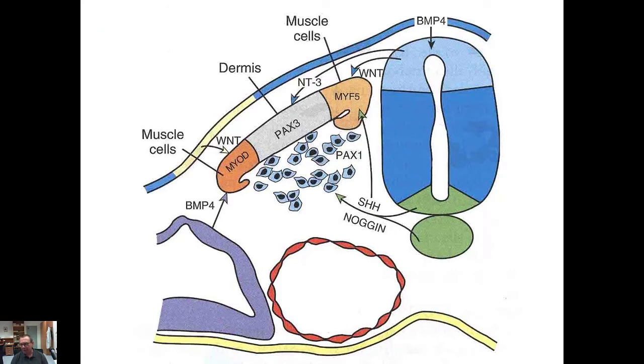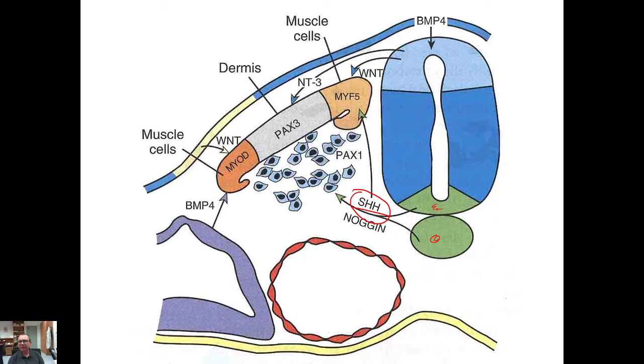Some molecules again. The main molecule important for the transformation of epithelium into the mesenchymal tissue in the area of sclerotome is your well-known sonic hedgehog, expressed and secreted from notochord and the so-called floor plate of the neural tube.